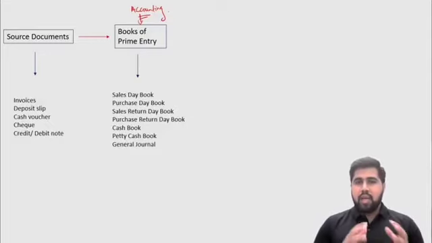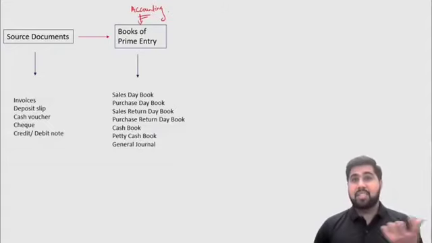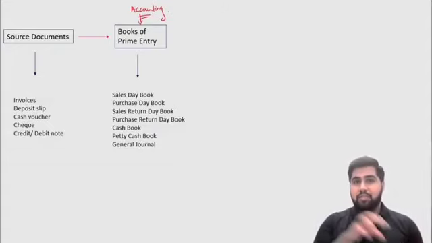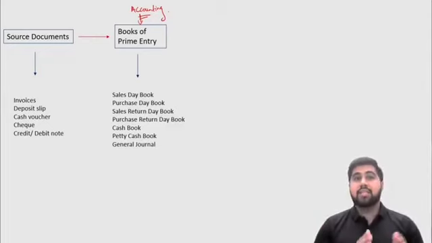Now, once you have recorded the evidence, which is what? The source document. Into the books of prime entry, right? Once you record the evidence, once you have a valid business document, the impact of which you record in the first accounting book, that is when you start summarizing at each stage.